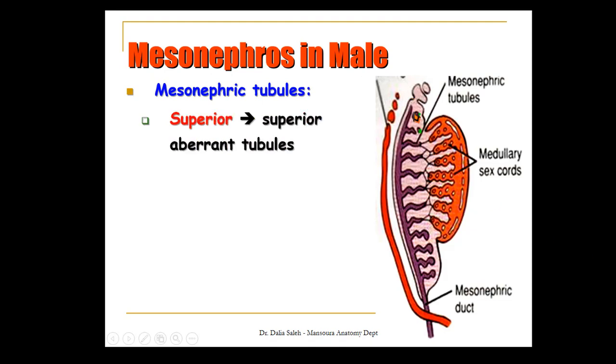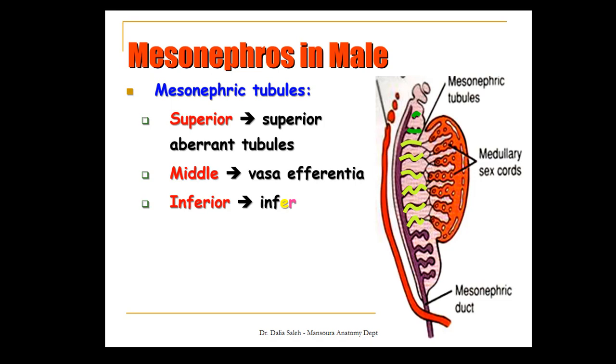The superior ones, superior to the developing gonads, will form what's called superior aberrant tubules. The middle ones lie opposite to the developing testes. They will persist and form the vasa efferentia. The inferior mesonephric tubules lie inferior to the gonad. They will form what's called inferior aberrant tubules.